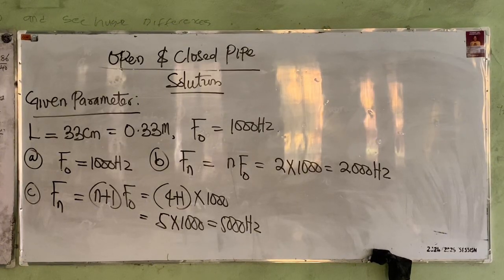B. The wavelength of the first overtone.